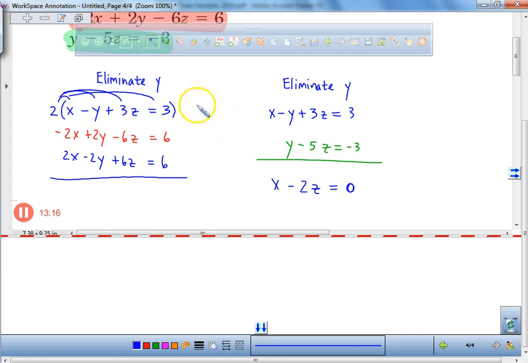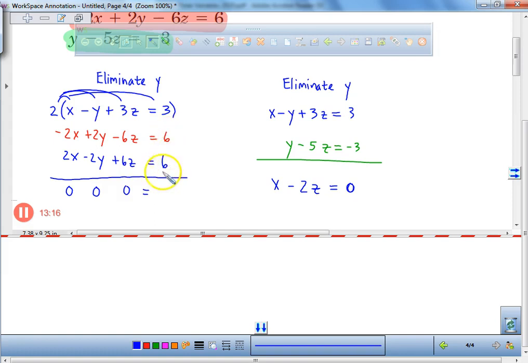The reason I chose the number 2 is because that's a negative y, and I'm planning ahead. I know 2 times a negative y makes a negative 2y, so I know my y's will cancel out. However, look what ended up happening. Not only did my y's cancel out, my x's canceled out, my y's canceled out, my z's canceled out. These did not.